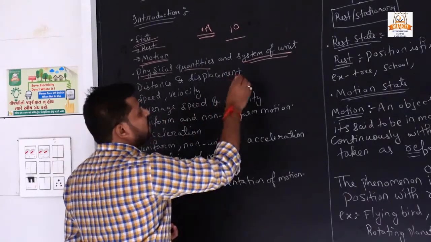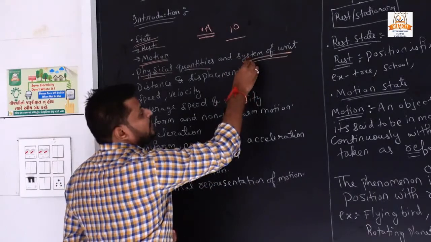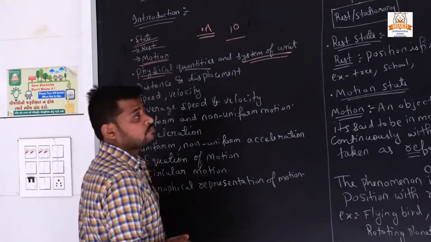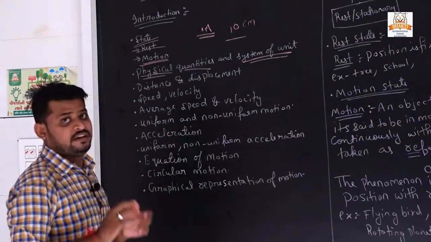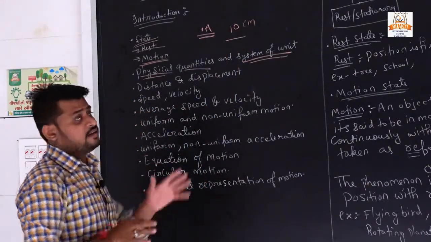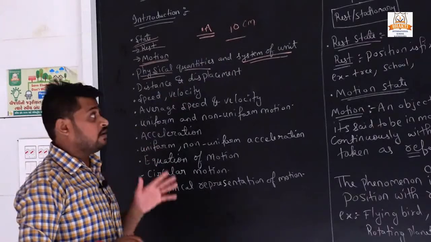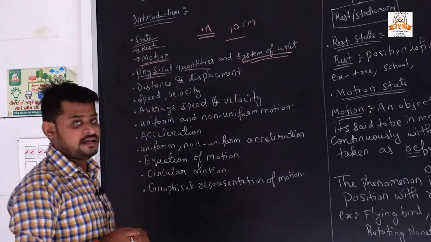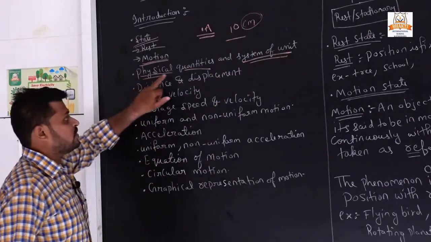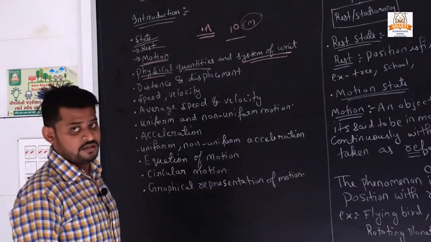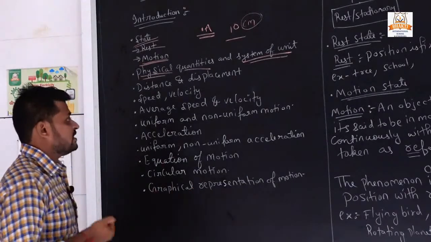So it is very necessary to write the unit also. If I say it is 10 centimeter, then we properly understand the length of the pen. So this is the unit. We will study physical quantities and system of unit as our second point in this chapter.